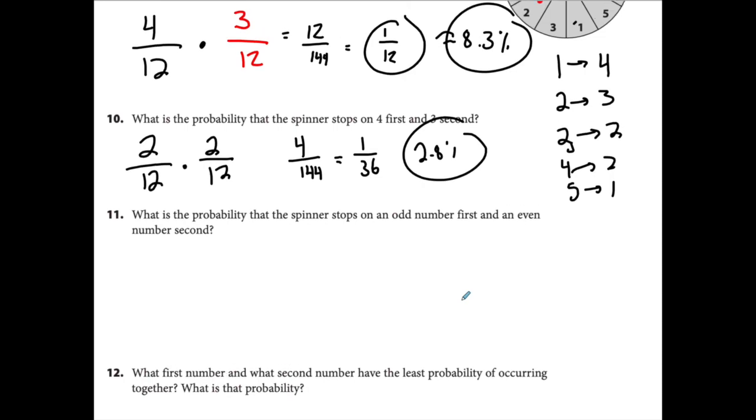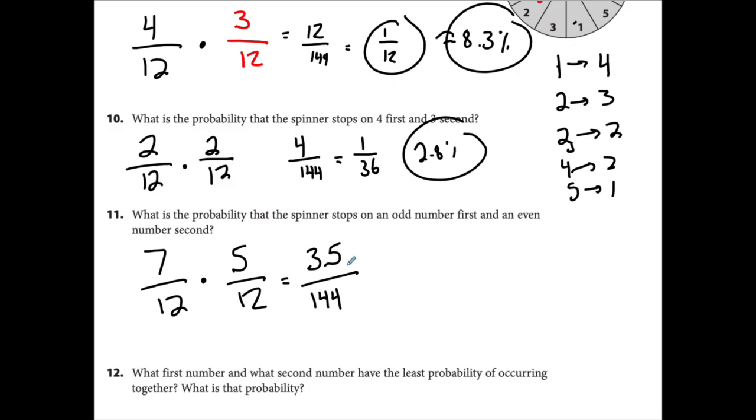So odd number first, even number second. So odds: 4, 5, 6, 7. So we have a 7 in 12 chance of landing on an odd. And then I believe we should have a 5 in 12 chance of landing on an even. So it gives us 35 out of 144.